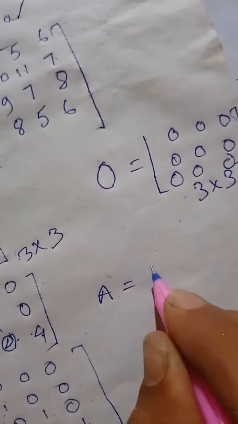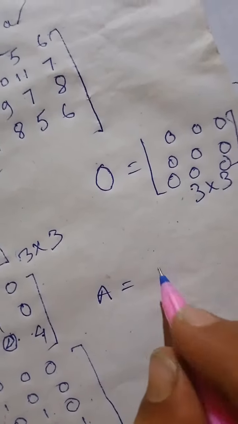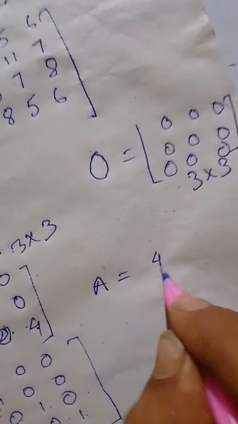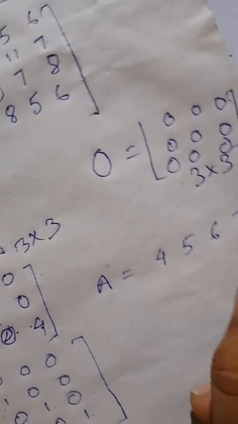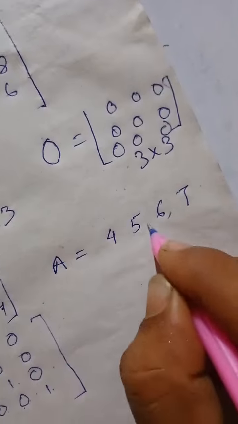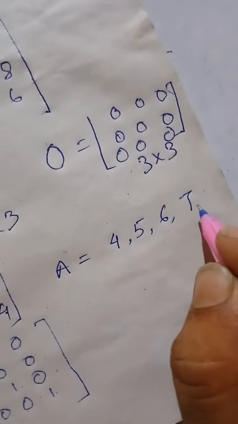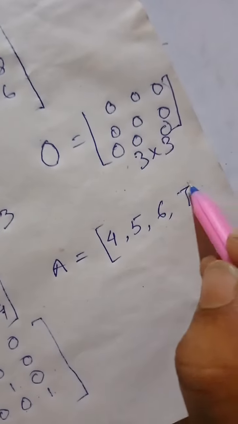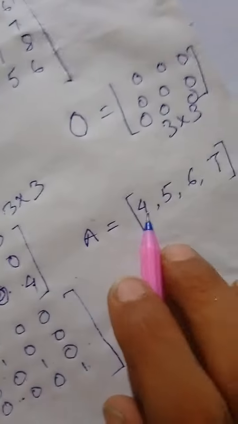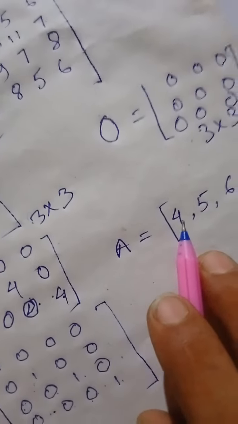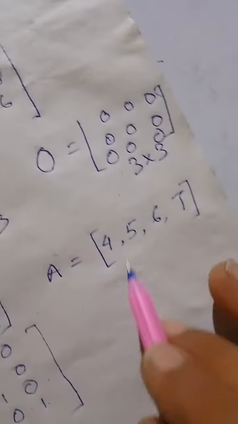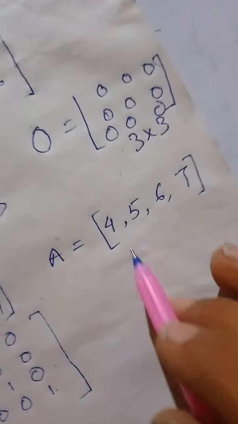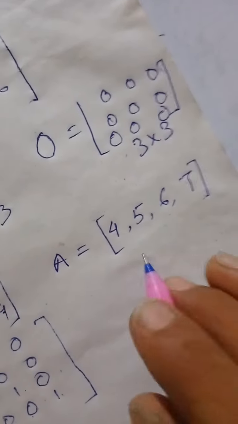Let a matrix A be 4 5 6 7. Here the number of rows is 1 and the columns are 1 2 3 4.